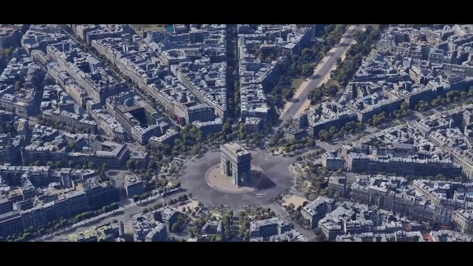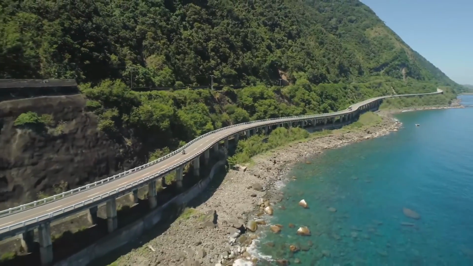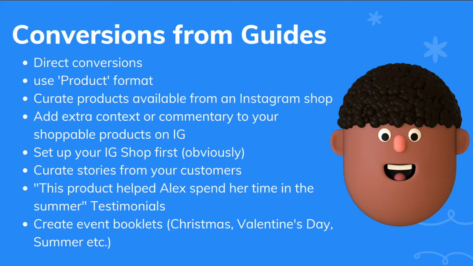If you post something about Christmas on November 15, and you post every day or every other day, by the time December 15 comes around a month later, it might have disappeared way down your feed. But if you go to your guides, and the first guide they see is your Christmas collection, that can definitely help illuminate your products and give them more spotlight, and therefore drive conversions. So definitely a great way to do that, and something to consider implementing into your content strategy.